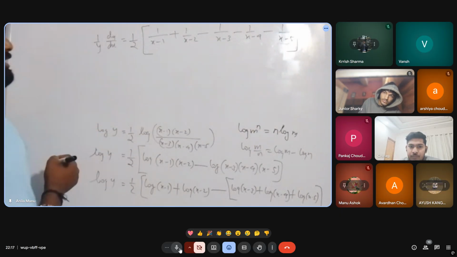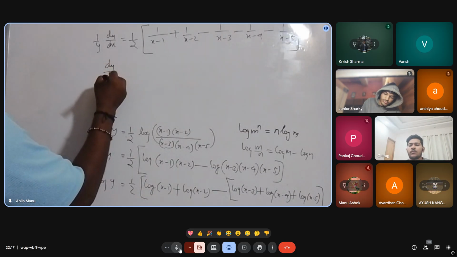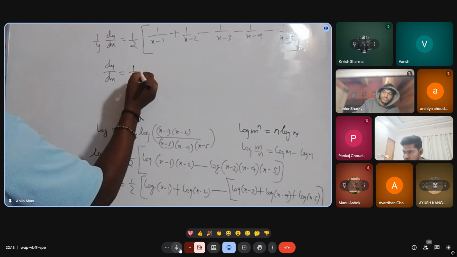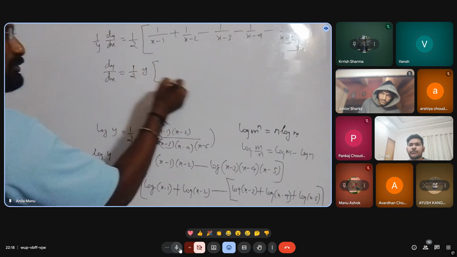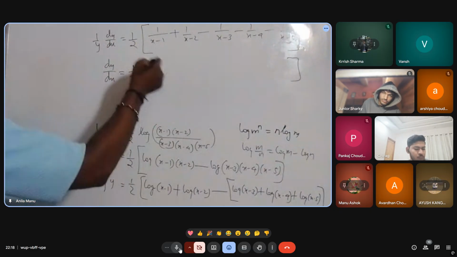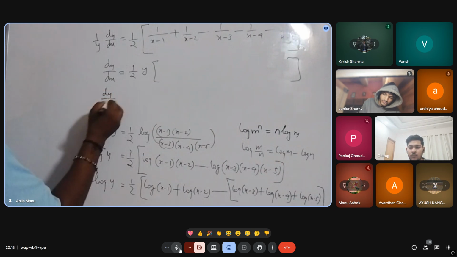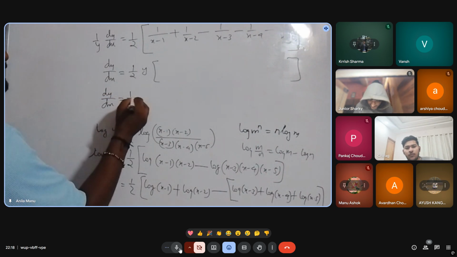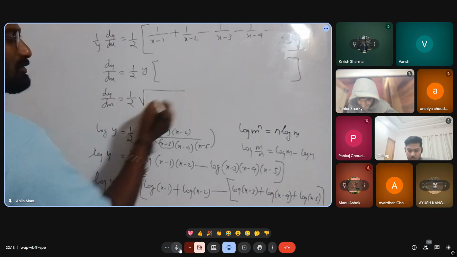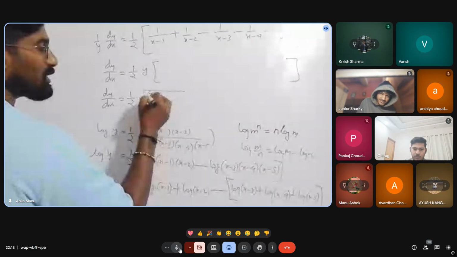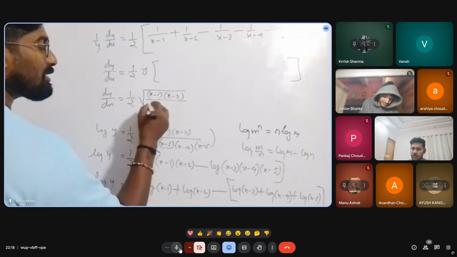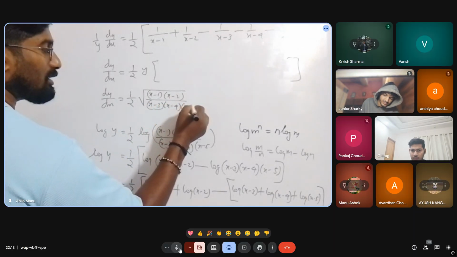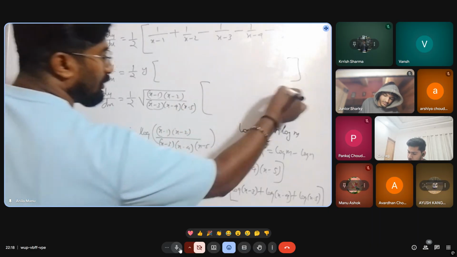Okay. Then dy by dx is equal to y by 2 into all these things. Then resubstituting, dy by dx is equal to, what is that? Tell me. 1 by 2 into the square root of, what will you get? x minus 1 into x minus 2 by x minus 3 into x minus 4 into x minus 5, into all these things.